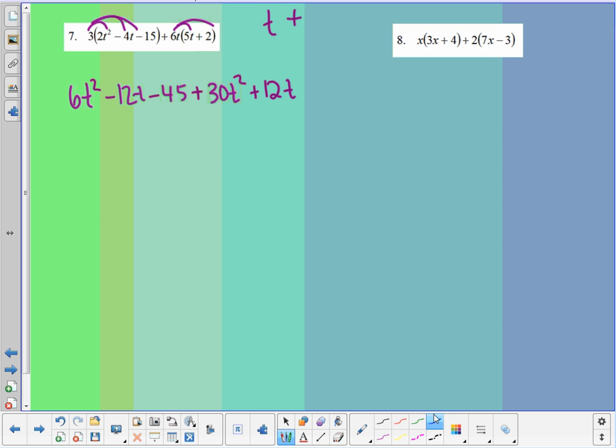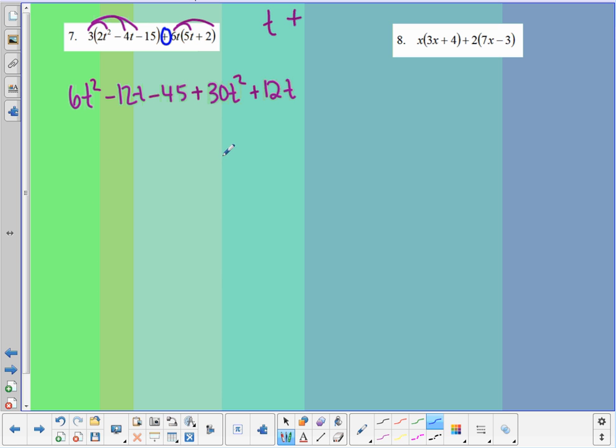Probably should have said this earlier, but notice, by the way, that as I distribute, my parentheses go away. Once you take care of that distribution, especially if you pull the negative with it when you have that negative there, you don't need the parentheses anymore. Then all you're doing is going back and combining like terms, and parentheses don't change anything in that matter. So that's why I didn't have to rewrite those parentheses anymore. So now let's write this in standard form.